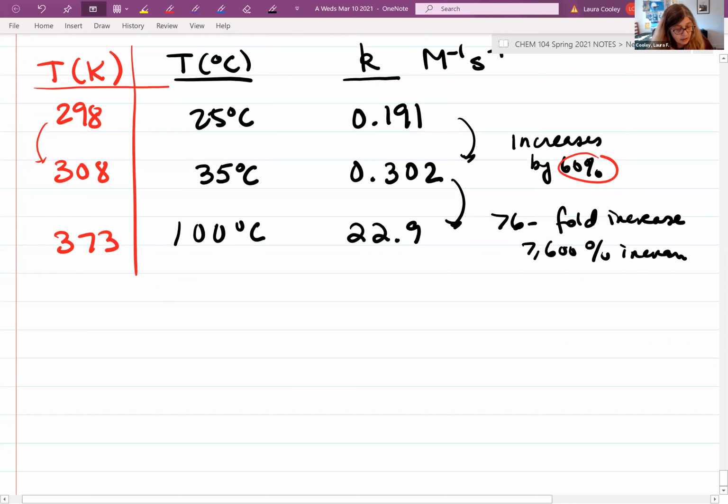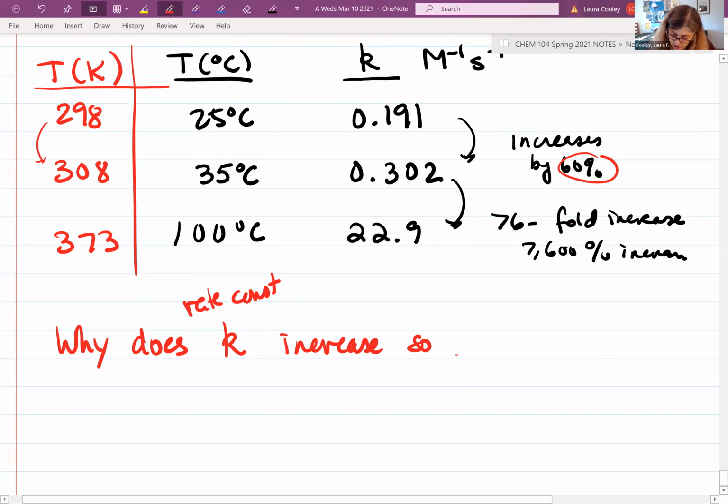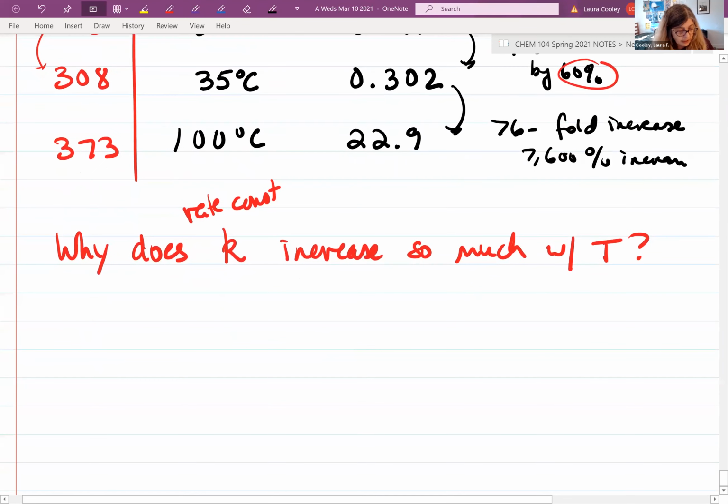So why does the rate constant increase so much with temperature? The reason is all the reasons I've been giving you. As the temperature goes up, what happens to the speed of molecules?